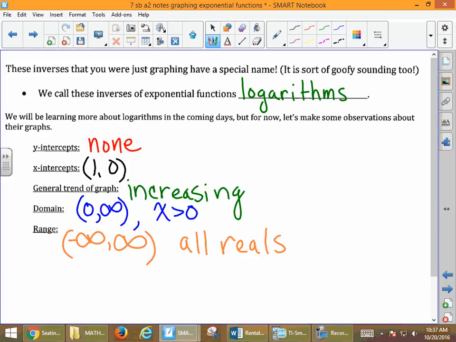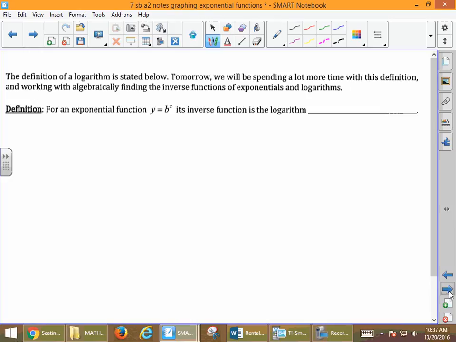But finally here, the definition of logarithm is stated below, and we're going to have to fill that in. We're going to spend a lot more time with this definition. But for an exponential function, in the format of y equals b to the x, its inverse function, well, remember inverse, that would be x equals b to the y, because we switched the x and the y.